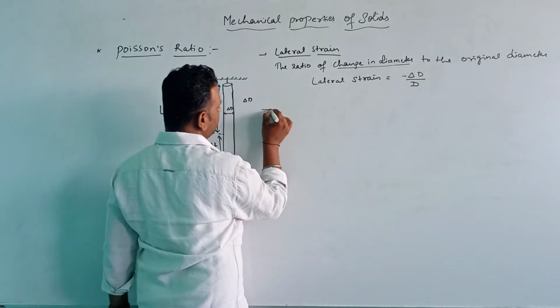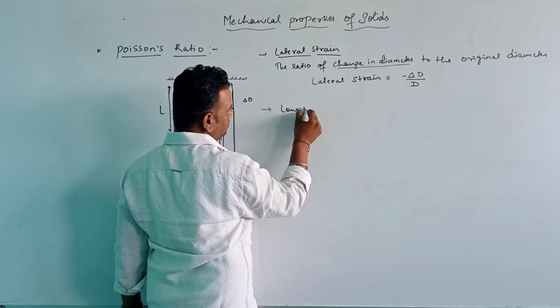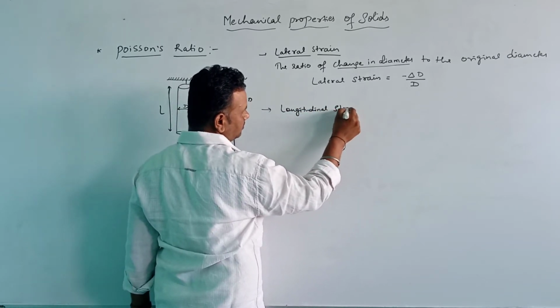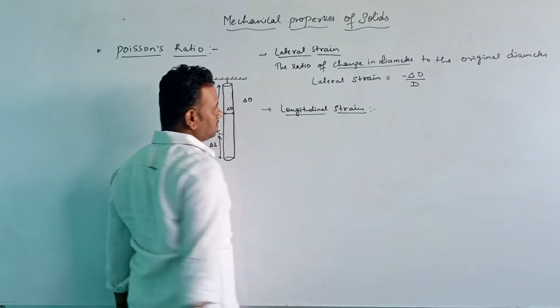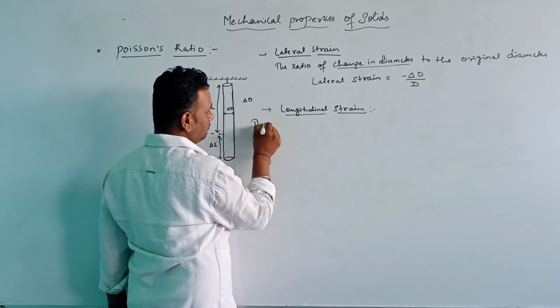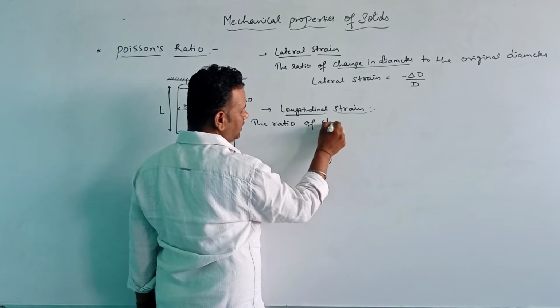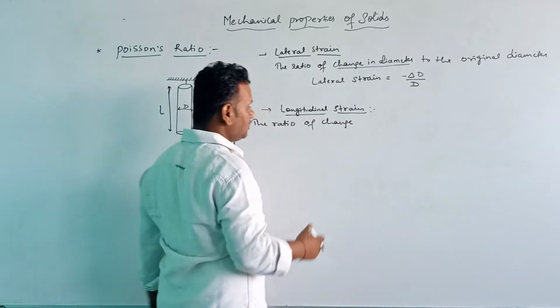The next one is longitudinal strain. Longitudinal strain means the ratio of change in length to the original length, as we discussed already in the last class.